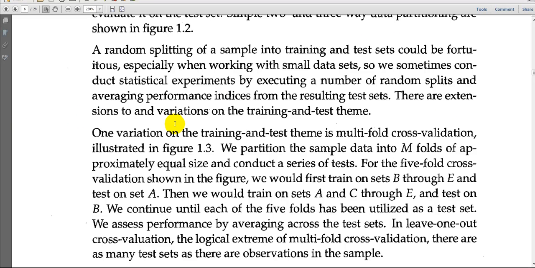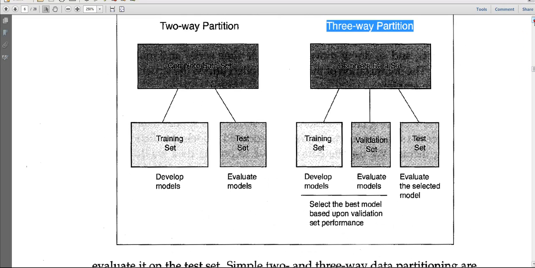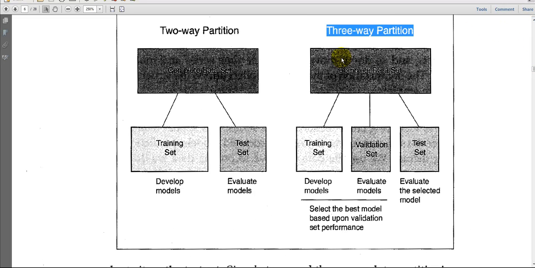There's also something called cross-validation, which I think we might be doing. I forget if this book uses that or not, or I might just talk about it. But that's when you divide the data into 10 different parts, and then you use 9 of the parts for training and 1 of them for testing, and then you switch.